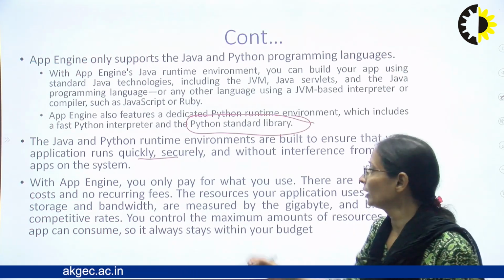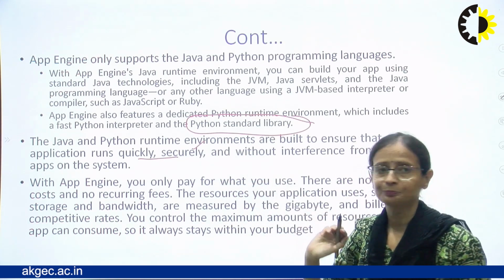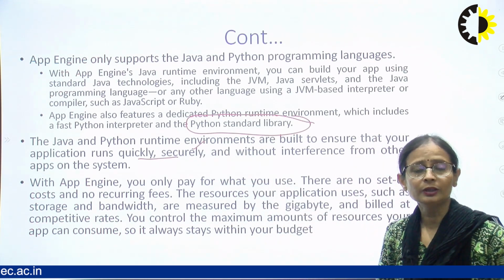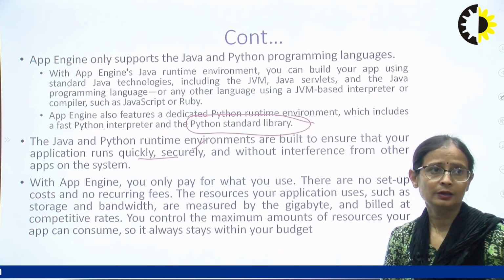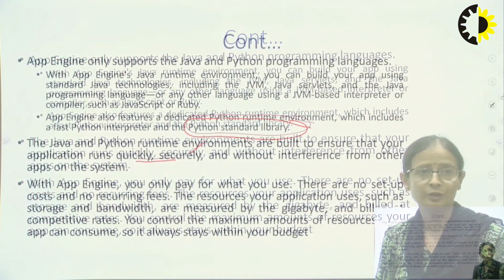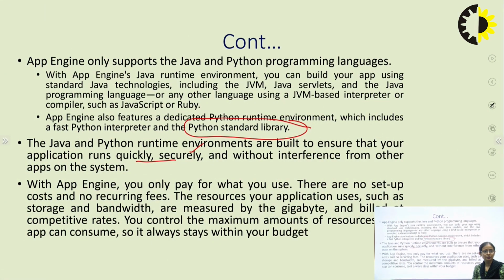It also provides a secure environment without interference from other apps on the system because you are working on the cloud. With App Engine, you only pay for what you use. So there is no setup cost and no recurring fees required to set up the environment, because all of it has already been done by the CSP.